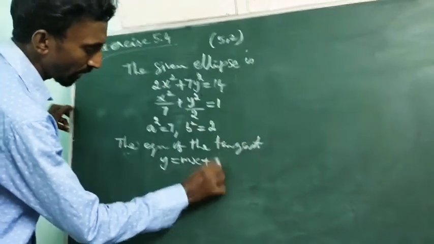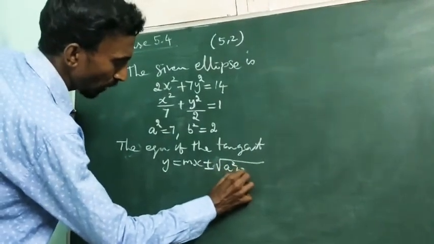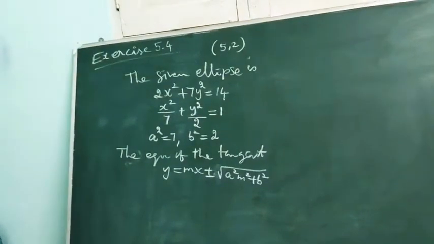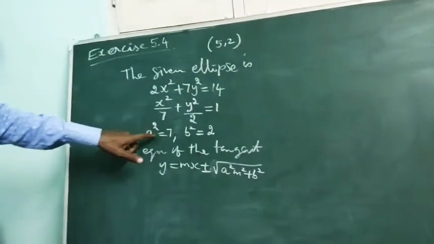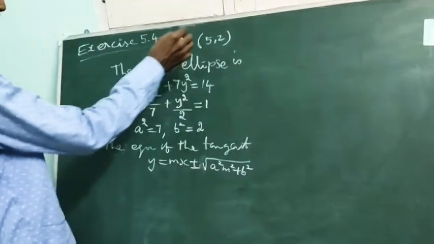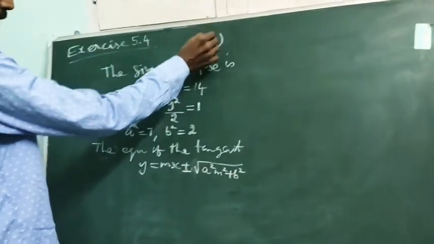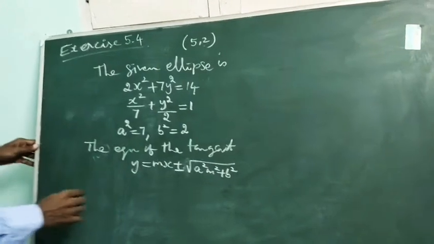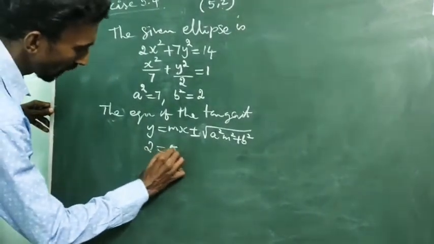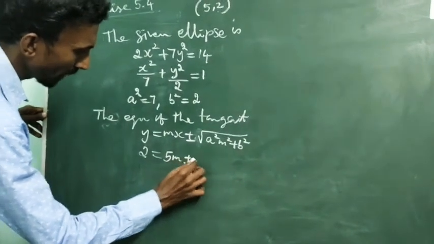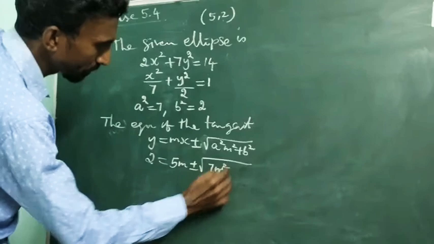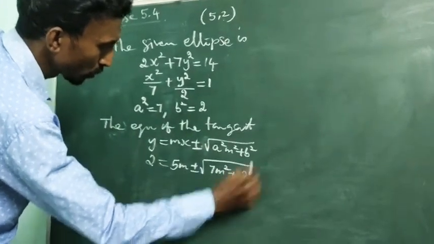Now put the values of a square, b square and x value is 5 and y value is 2. So 2 equal to 5m plus or minus root of 7m square plus 2.